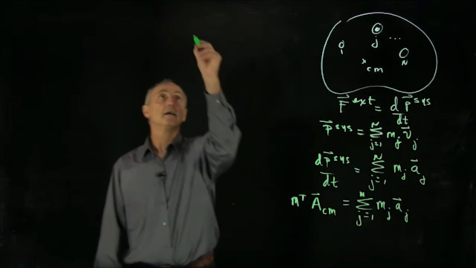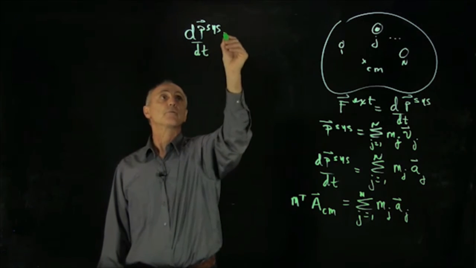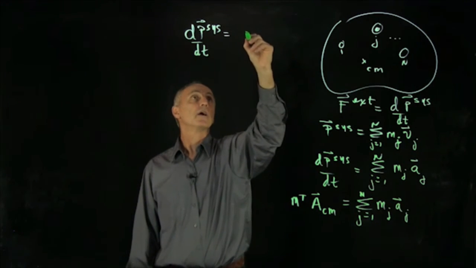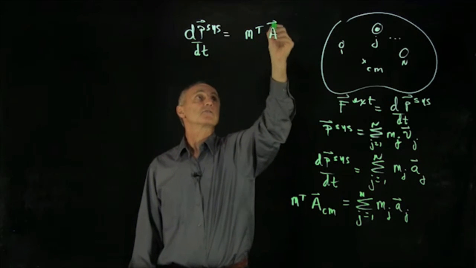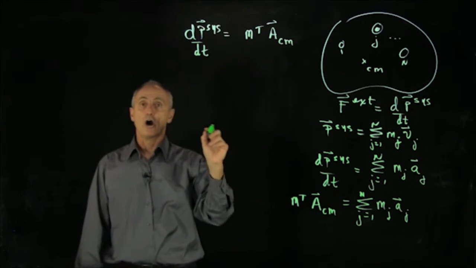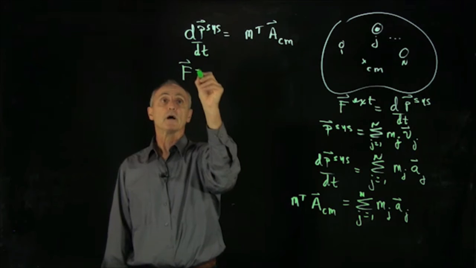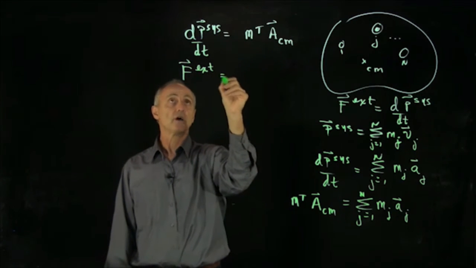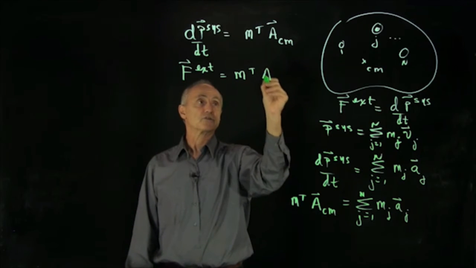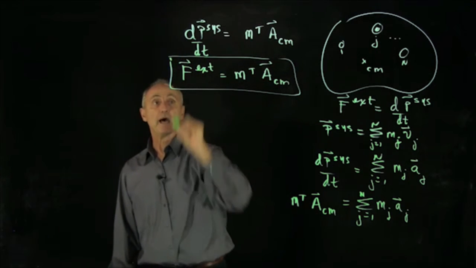So we see that another way to think about how the momentum of the system of particles is changing is simply the total mass times the acceleration of the center of mass. And our combination of Newton's second and third law now becomes that only the external forces cause the momentum of the system to change, so that's equal to the total mass times the acceleration of the center of mass.